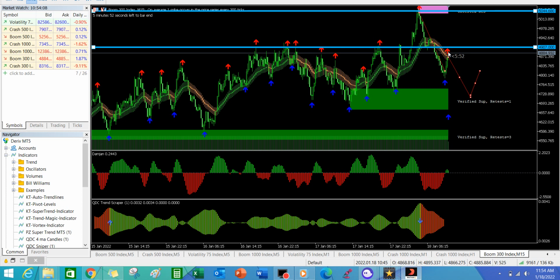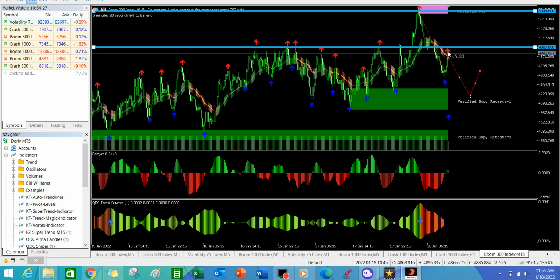Then you don't need to be scared, except if you are using a lot size that is not good enough for your capital to control. But if you are using the right lot size that your capital can control, then you are good to go. You will definitely make a lot of profits with that.